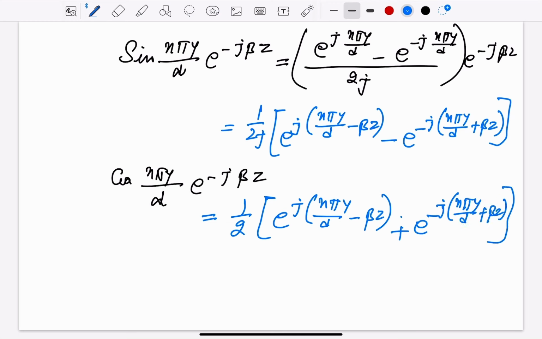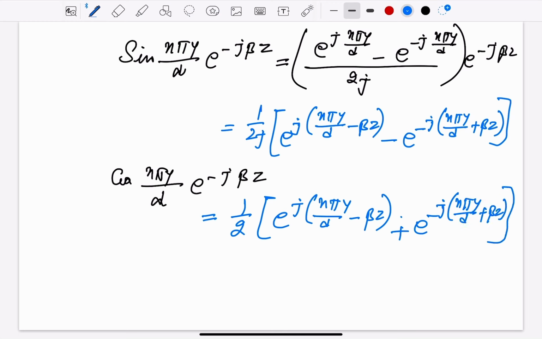Now let us define some other components too. For a propagating mode within the waveguide, the phase constant is related to the wavelength within the guide. How can we relate these things? Beta is equal to 2 pi by lambda g.